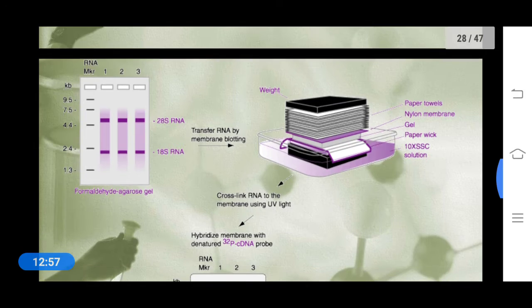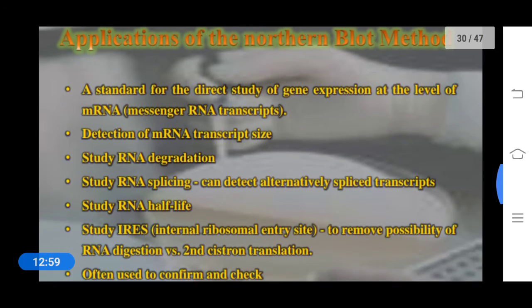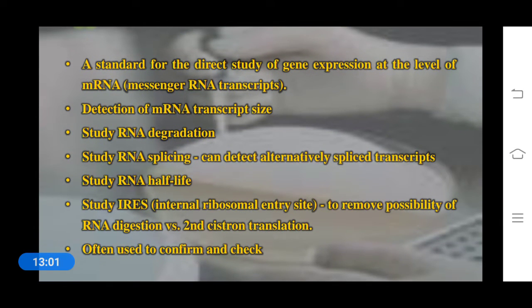Okay, so if you see the applications, you can study gene expression at the level of mRNA. The mRNA transcript can be studied for gene expression, and the transcript size can also be detected.